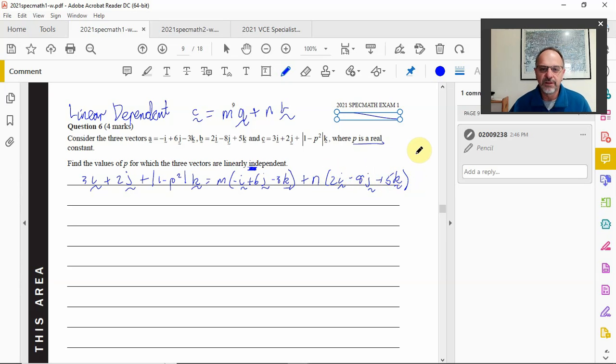All right, so there we go. So that's for linear dependence, which is what we're going to start working with.